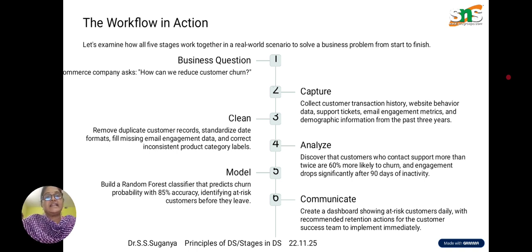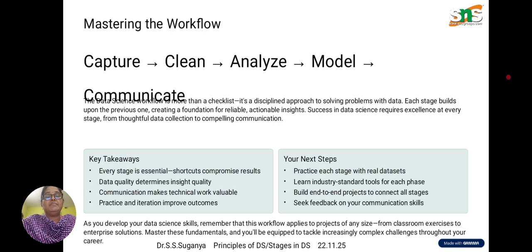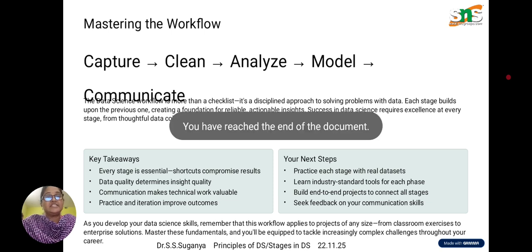Next is the analyze stage, where we identify risk patterns. And finally, a dashboard showing the at-risk customers is used to solve the problem. This is the master workflow of the model, starting from stage 1, capture, to the last stage, communication.